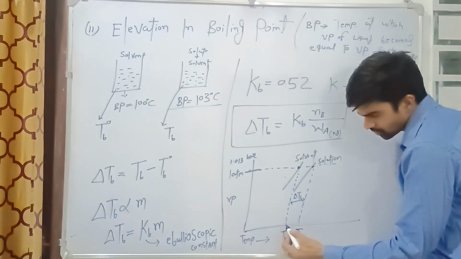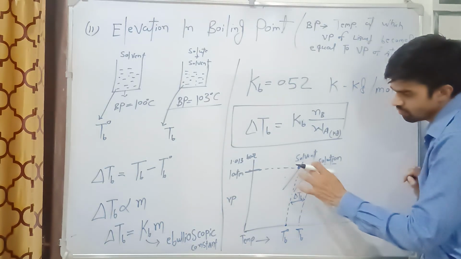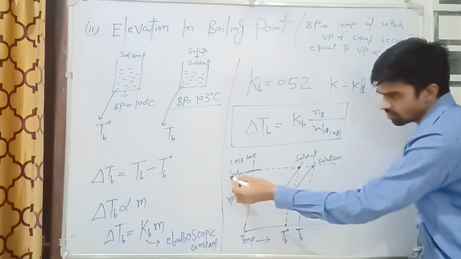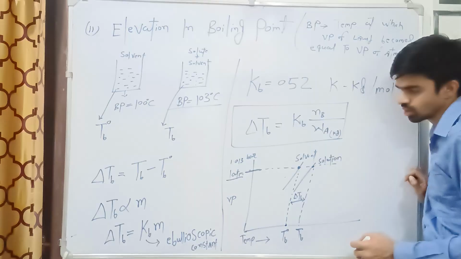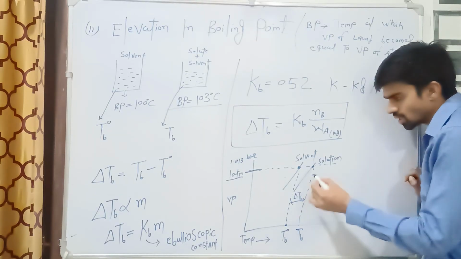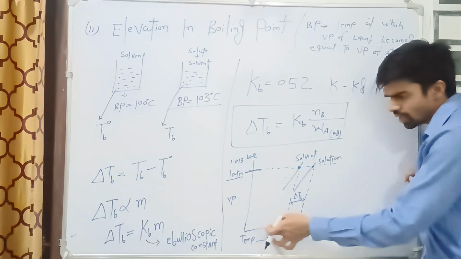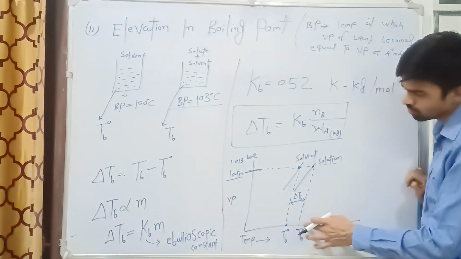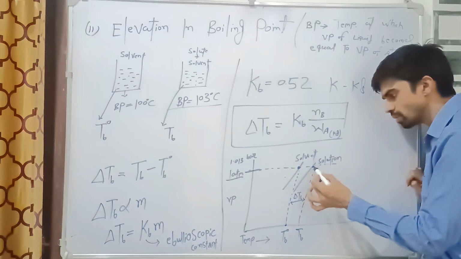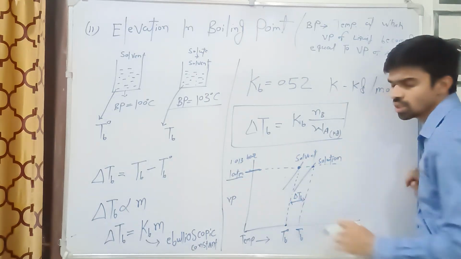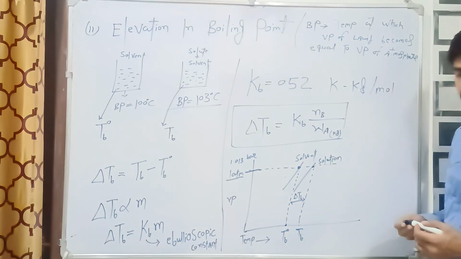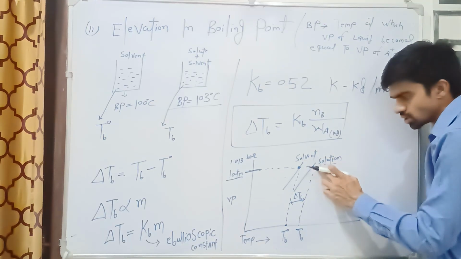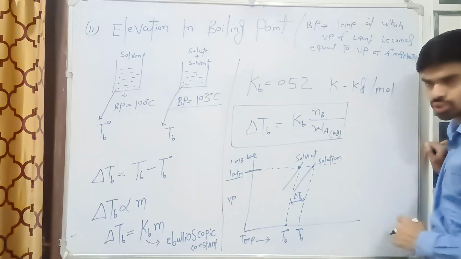At a certain temperature, the vapor pressure of solvent becomes equal to the vapor pressure of 1 atm, that is the atmospheric pressure. And if we still increase the temperature, we will get the point at which the vapor pressure of solution becomes equal to the vapor pressure of atmosphere. So that temperature is called the boiling point of solvent, and this is the boiling point of the solution.